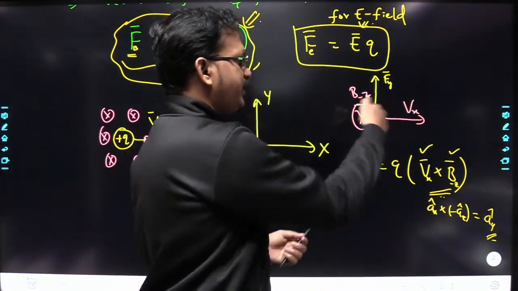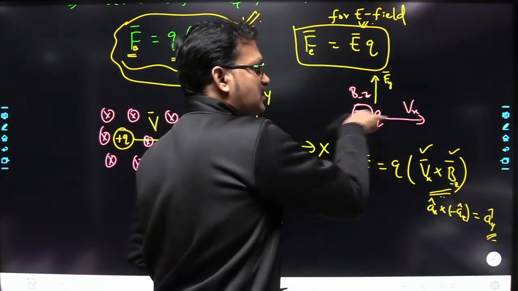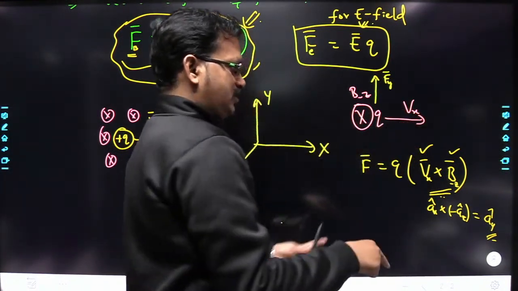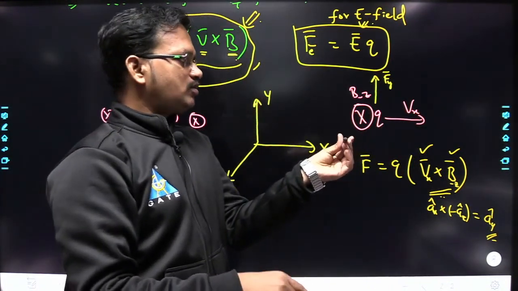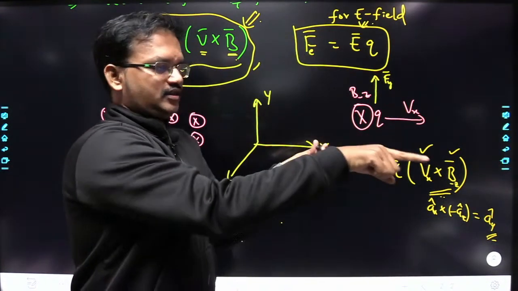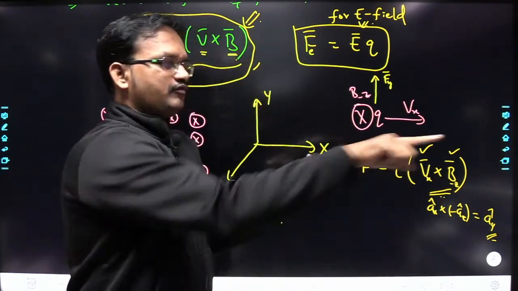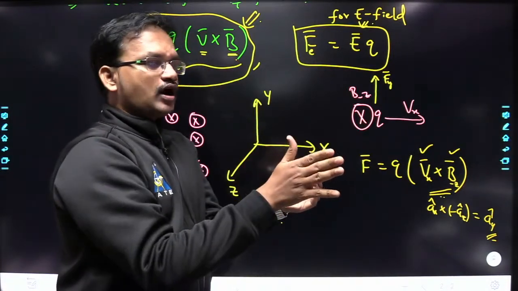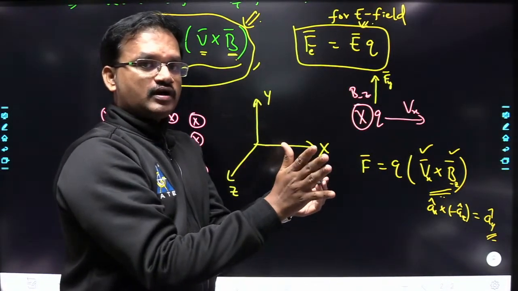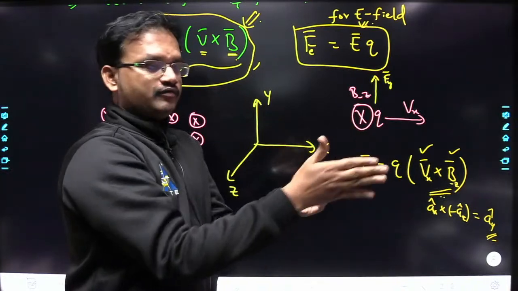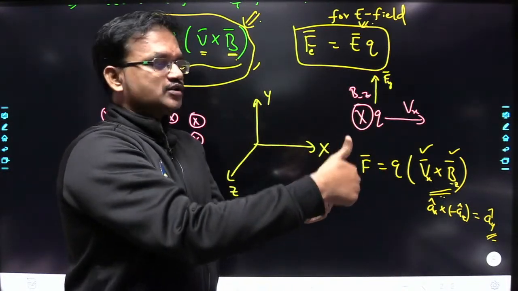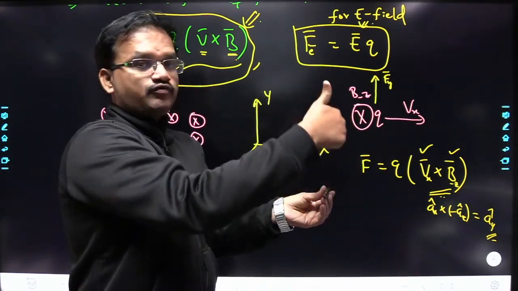B bar is pointing into the board and the velocity is pointing in this direction. So you are doing the cross product between V bar and B bar. If you curl your right hand fingers from V to B, it is going to give you the force direction.